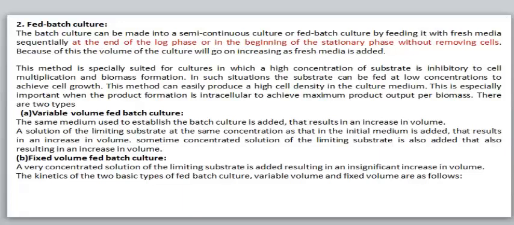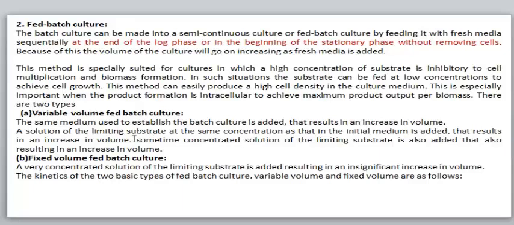This is of two types: variable volume fed batch, and fixed volume fed batch. In variable volume we add the nutrient medium, and due to this the volume increases. Sometimes a concentrated solution is added, and due to this also the volume increases.